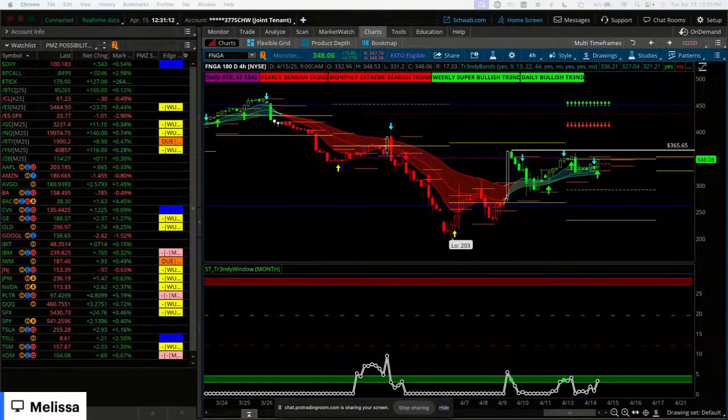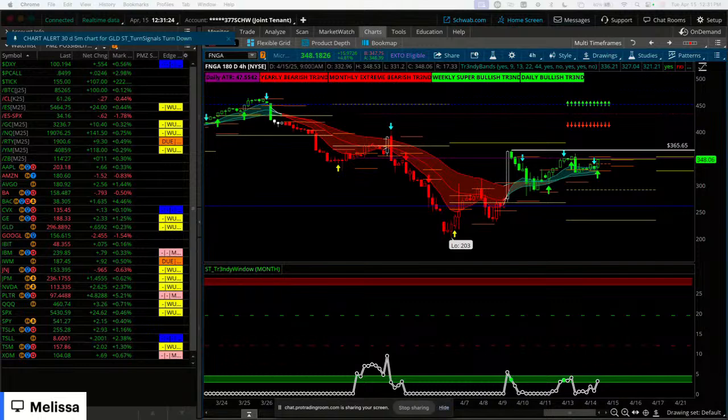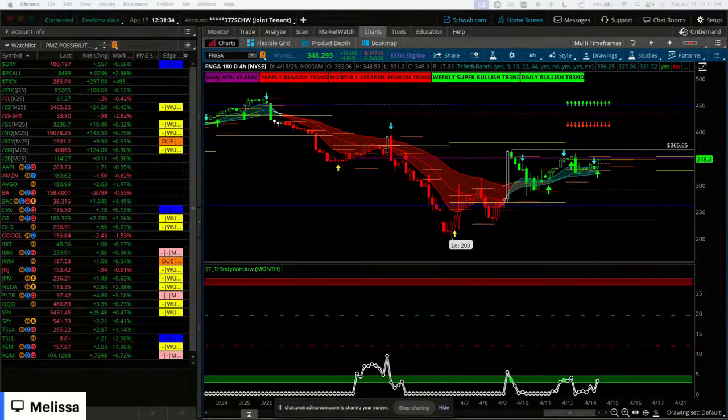If you're requesting a chart and you want to know where the supply and demand levels are on a particular name, please let me know either the amount of time that you intend to be in the trade or the time frame chart that you would like to find out where supply and demand are at.